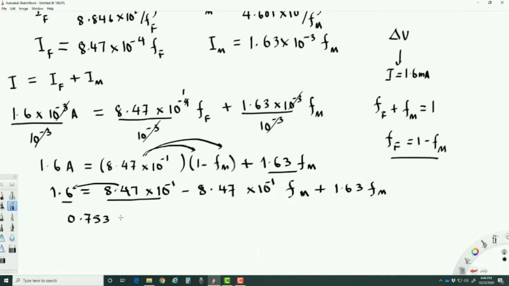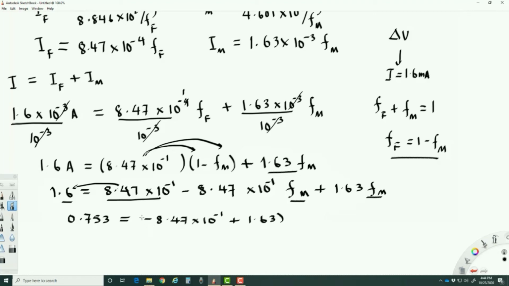What you get is, let's see, so if you do the subtraction, you get 0.753, and then these two have the same FM, so you can do minus 8.47 times 10 to minus 1, and that is plus 1.63.